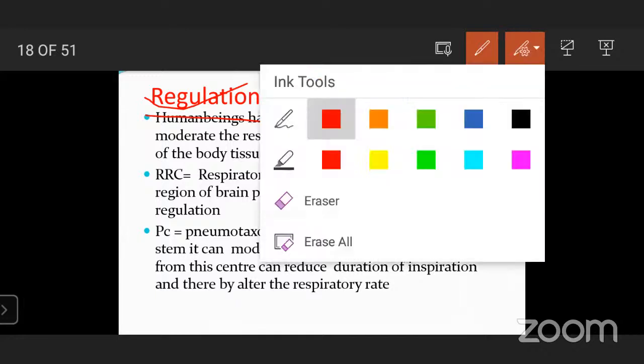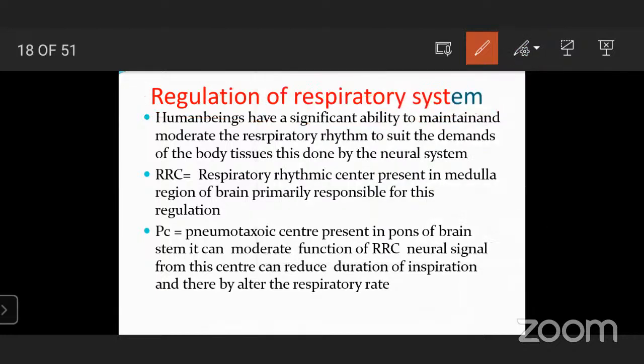Listen carefully. How does the regulation take place inside the lungs, inside the respiratory system, inside the body?